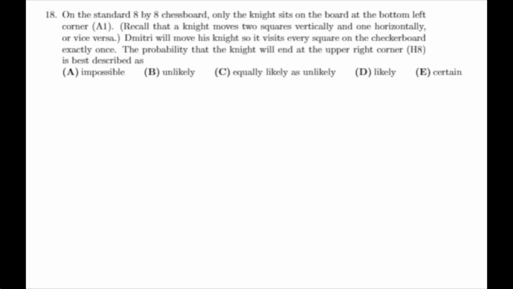The probability that the knight will end at the upper right corner, H8, is best described as. For this logic-based problem, we're just going to give you the answer and ask you to solve it on your own with a reason. Be sure to comment down below with the explanation if you think you have it. The answer is impossible, but can you prove why? Let's move on to problem number 19.